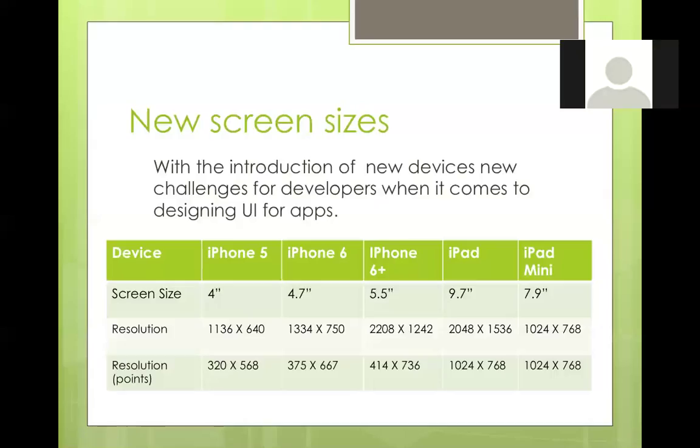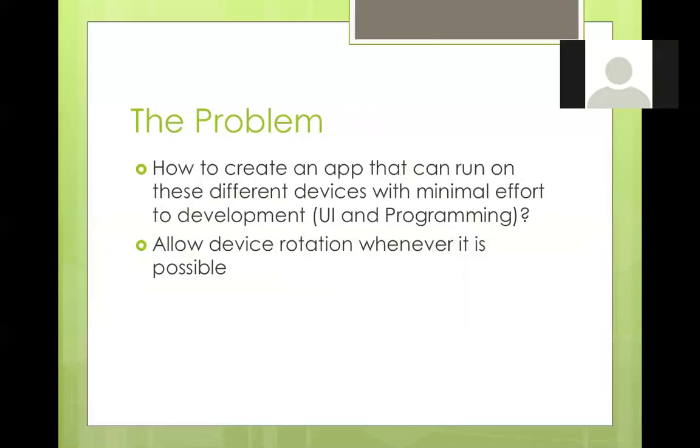So as you can see, with all of this, a problem arises. And the problem is how to create an app that can run on these different devices with minimal effort to development, meaning specifically the UI and programming. I want this app to run on these different devices, at the same time use the capability of these devices, and I don't want to do a lot of changes.